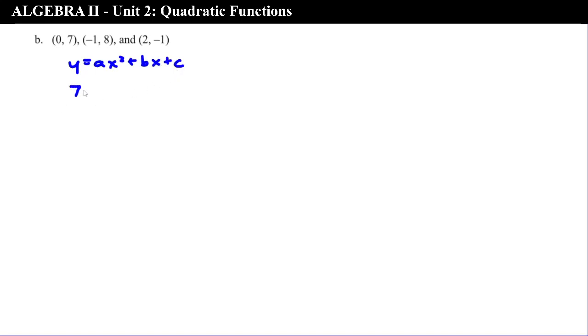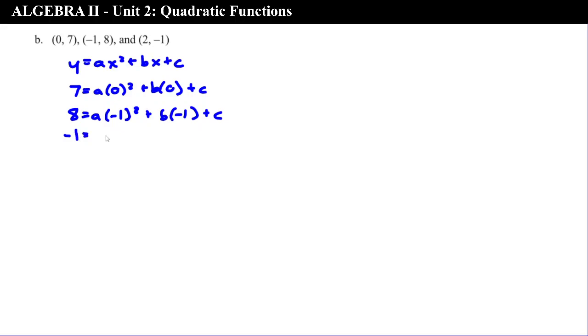So y is 7 for the first one, x is 0. Eight is y for the second one, and x is negative 1. And then for the third one, y is negative 1, and our x is 2.